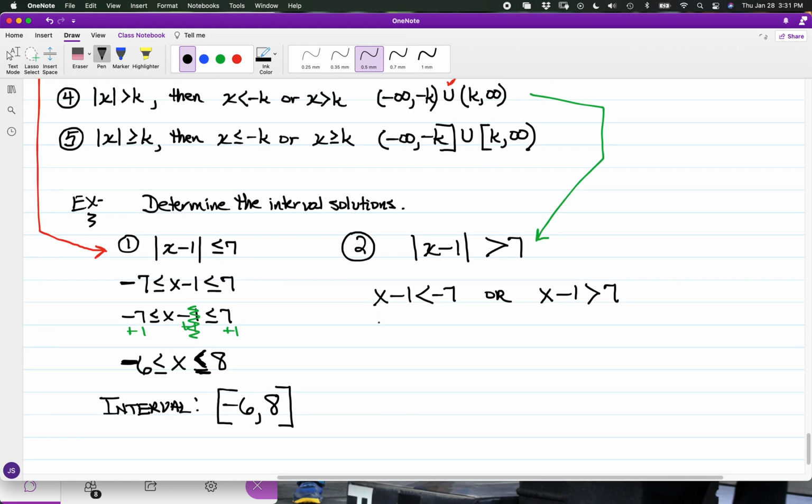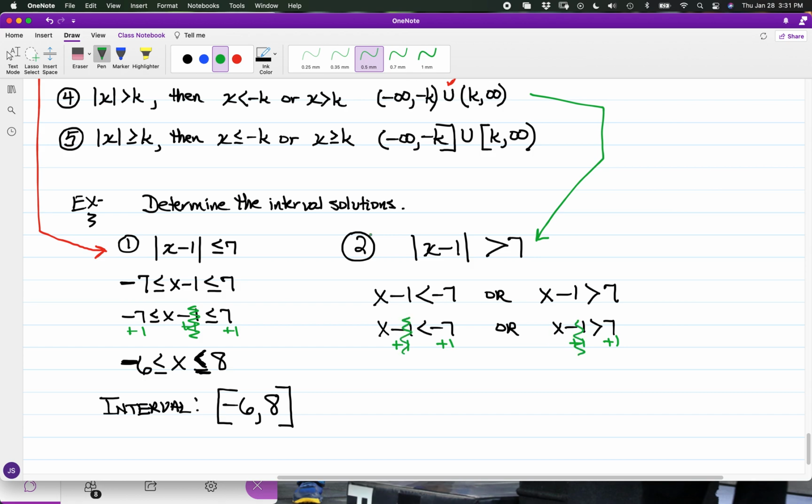So for what we have in the solution sets, if I isolate x in both cases, I'm adding 1.